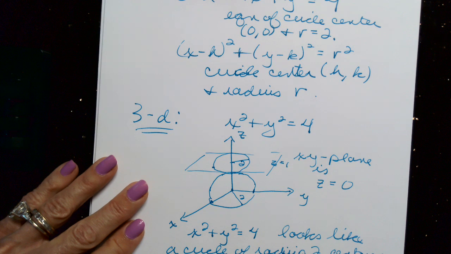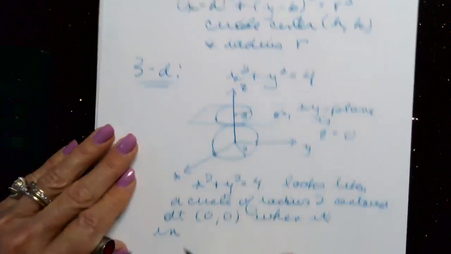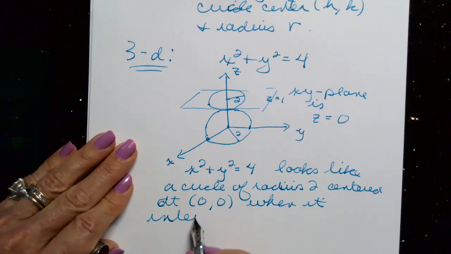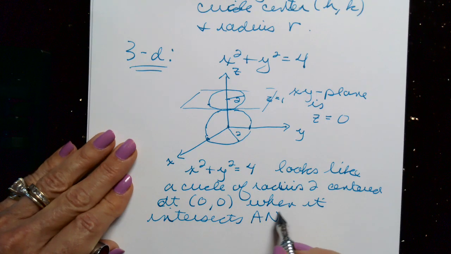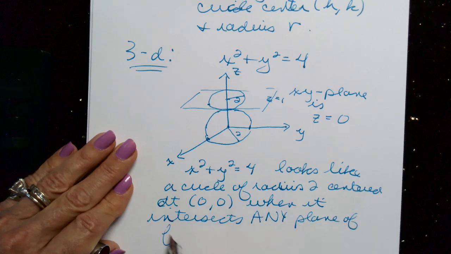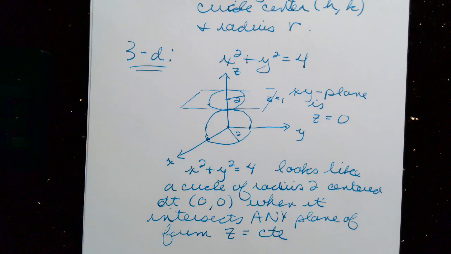And it intersects any plane of the form z equals a constant. CTE is my favorite abbreviation for constant. It's the French abbreviation. I like that.